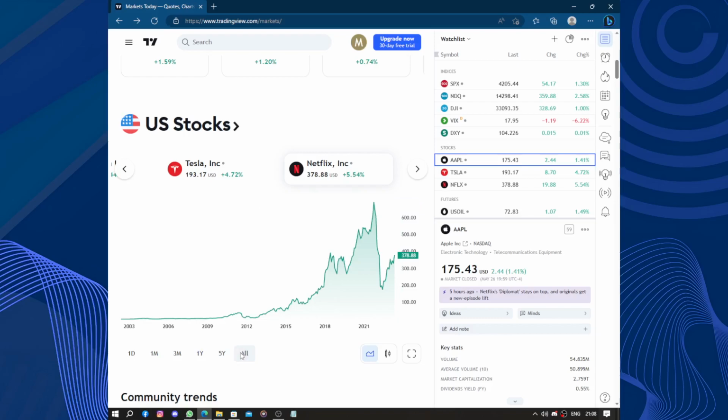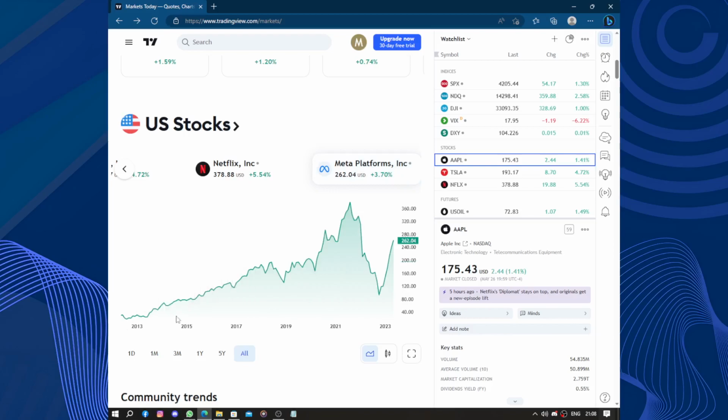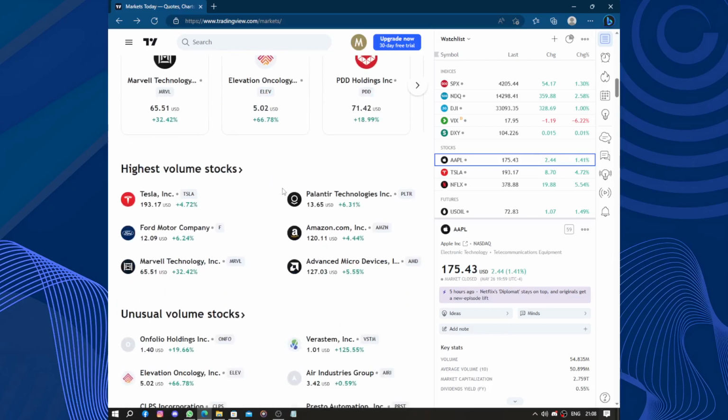Let's see all. Okay, Netflix began in 2000. No, it's good, but it's some in 2022. Yeah, it's 2022. So we have Meta. Meta is doing great, but it has some bad days.